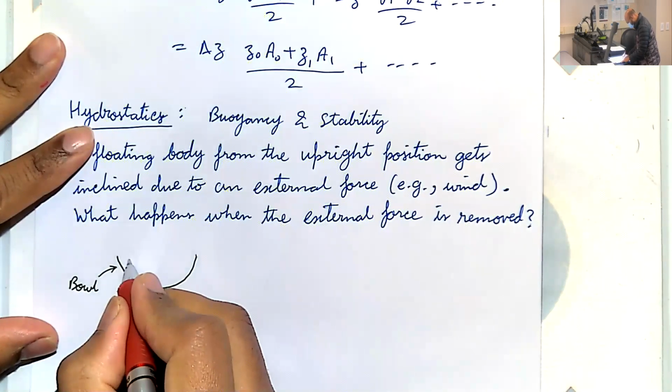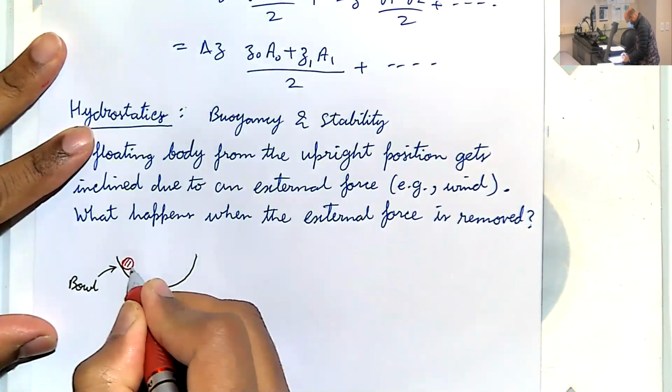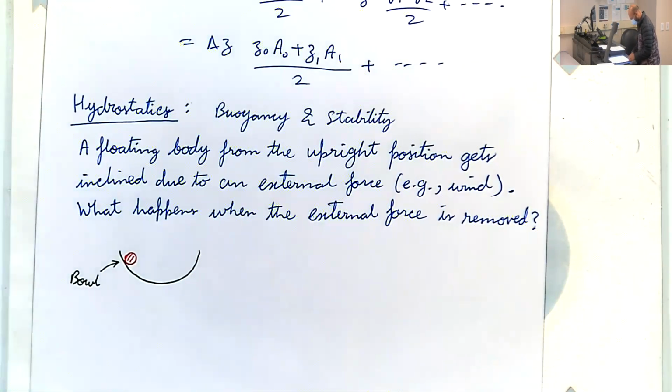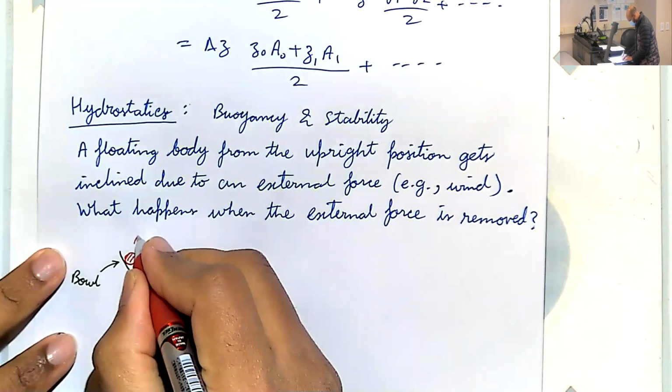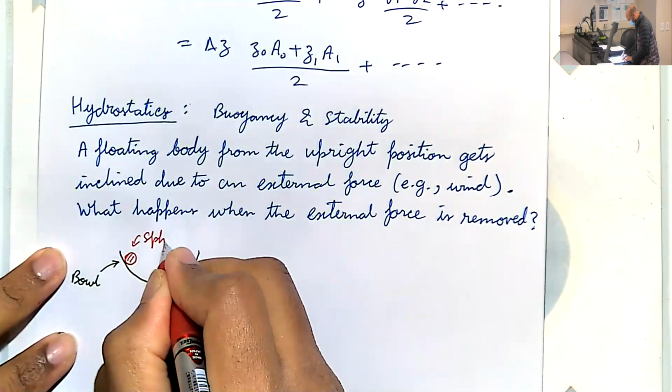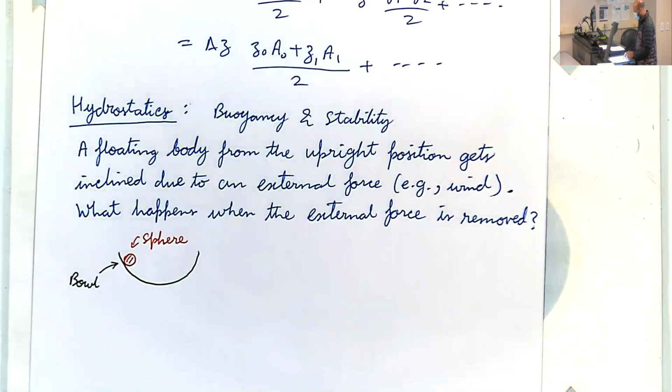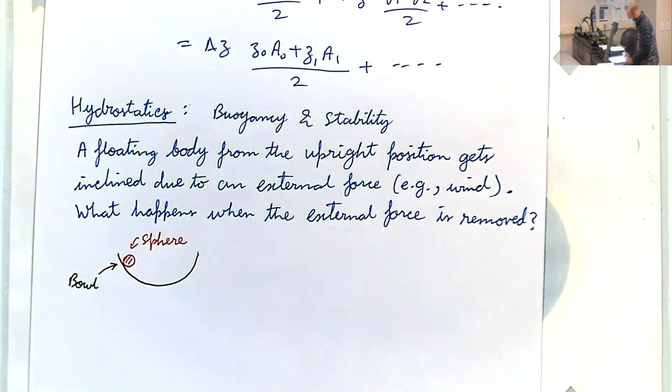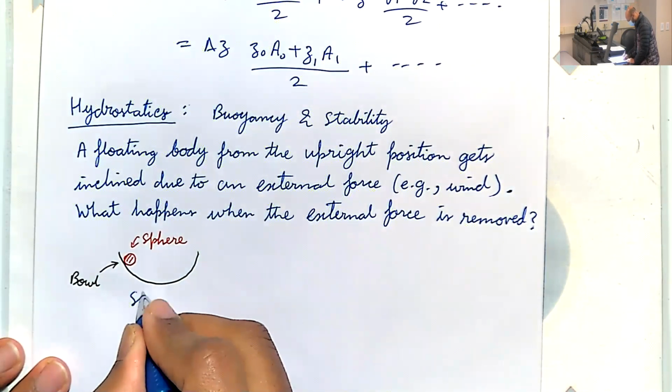And we have a ball, a sphere, that's rolling along the sides of the bowl. This is what constitutes stable equilibrium.